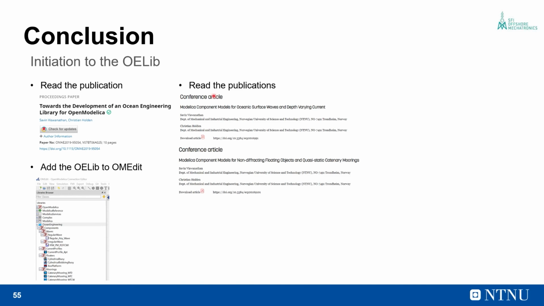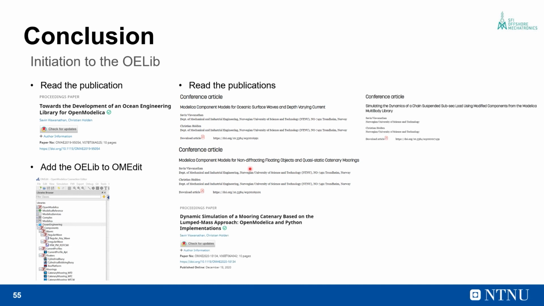Then read the publications, Modelica component model for oceanic surface waves and depth varying current, and Modelica component models for non-diffracting floating objects and quasi-static catenary moorings, followed by the articles on the dynamic simulation of a mooring catenary based on the lumped mass approach, and simulating the dynamics of a chain suspended subsea load using modified components from the Modelica multi-body library.